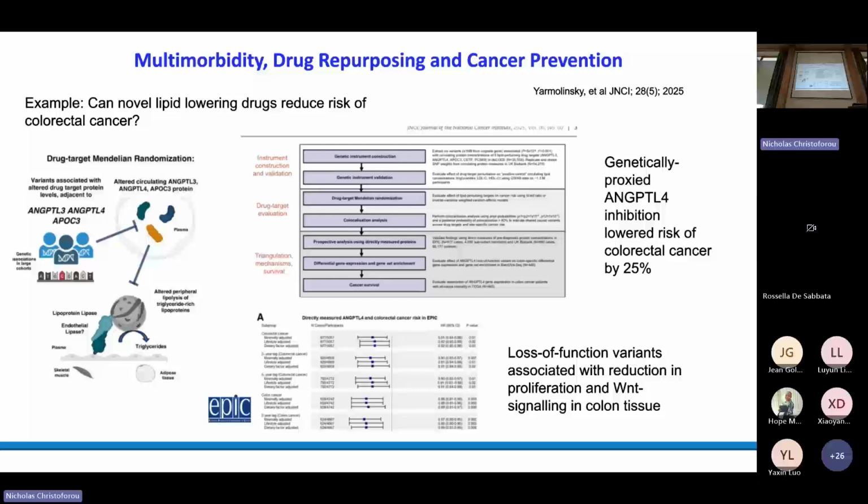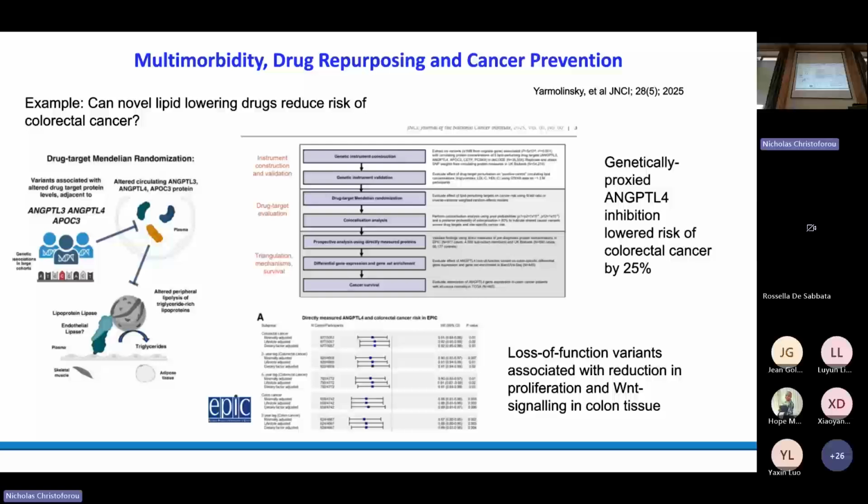But we actually decided to see whether this was on the SomaScan platform, and it actually is. So there is measurements of ANGPTL4 within the SomaScan 7K assay. And we looked at that in relation to colorectal cancer in EPIC and found consistent results, what we see from both the genetic data and also the experimental model.